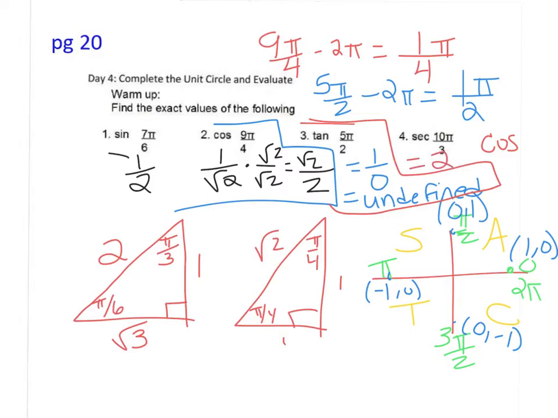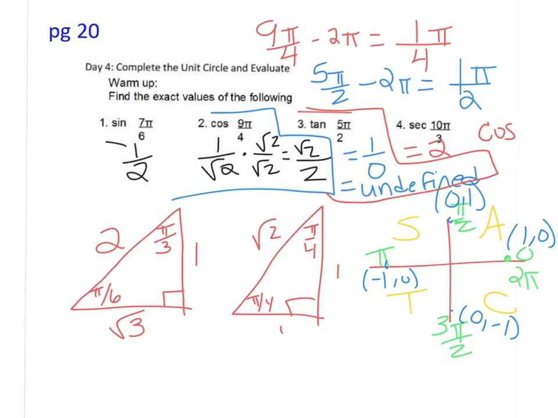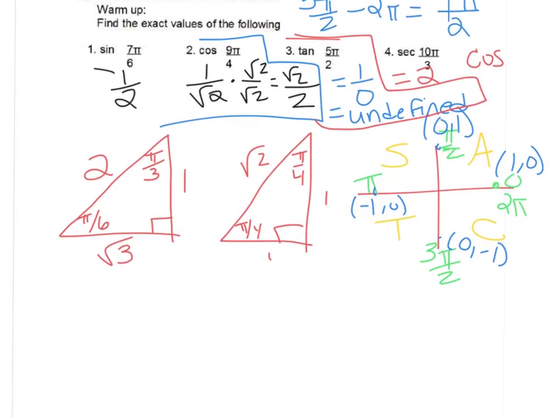But I need to figure out if 10 pi over 3 is a quadrant where cosine would be positive. So 10 over 3 is more than 2. I've run out of space here, so let me scroll down and figure out 10 pi over 3 minus 2 pi is going to be 4 pi over 3.